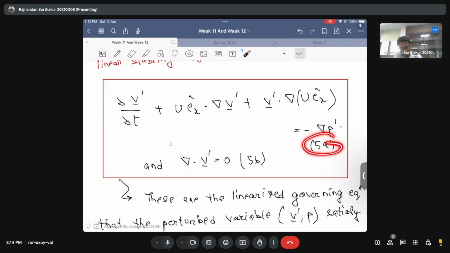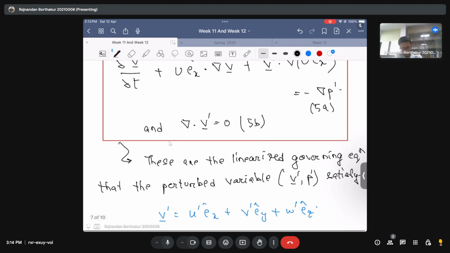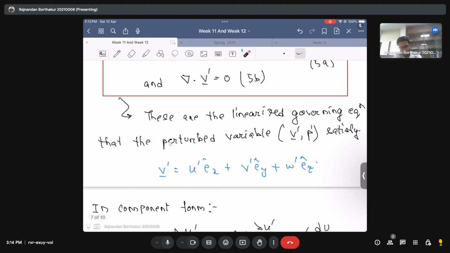Equation 5a and equation 5b were the two equations that we derived after linearizing the equations that we had. As I said, equations 5a and 5b are the linearized governing equations that the perturbed variables v dash and p dash satisfy, where you can write the perturbed velocity in terms of its components in x, y, and z form.